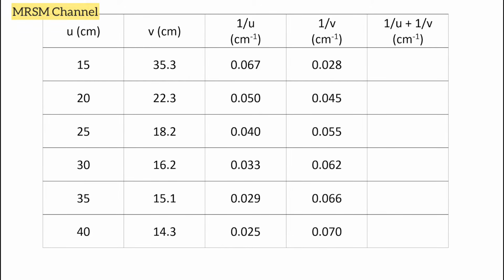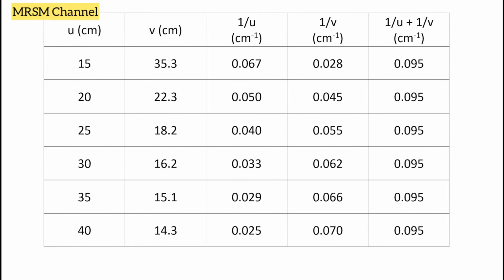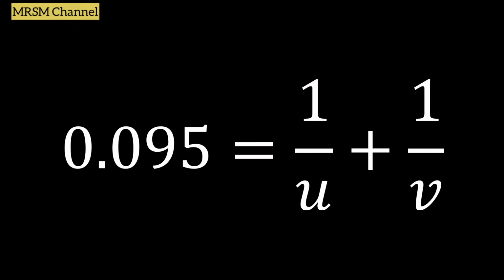Now here's where it gets interesting. When we add up the two together, we will get a value of 0.095 for all values of u. Hence, we can establish the relationship between the object distance and image distance to be 0.095 equals 1 over u plus 1 over v.